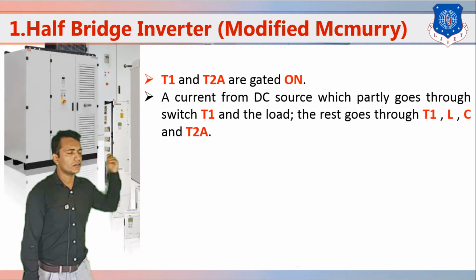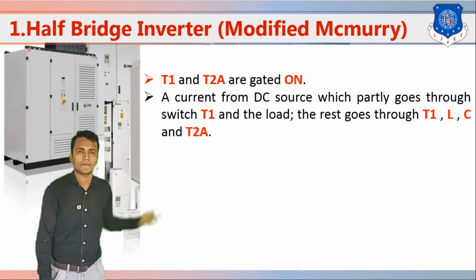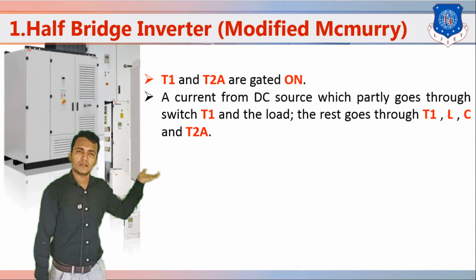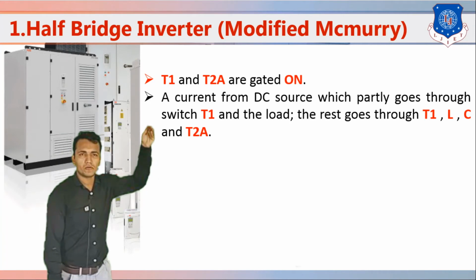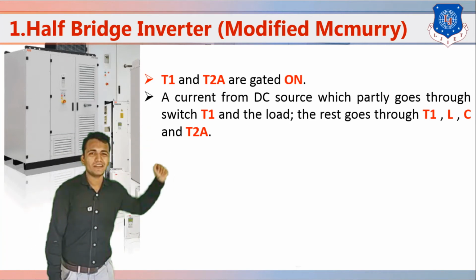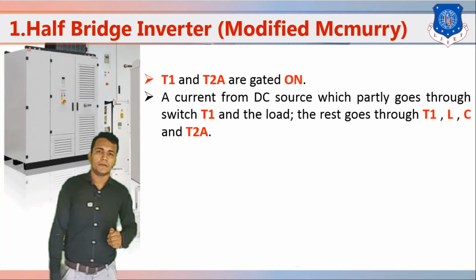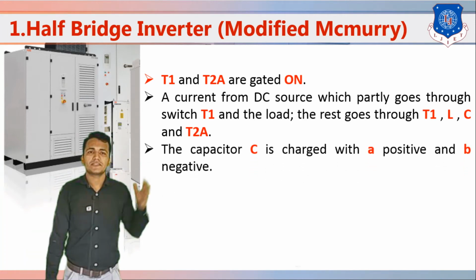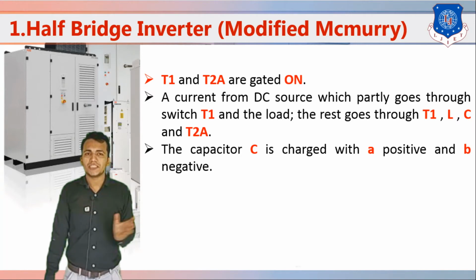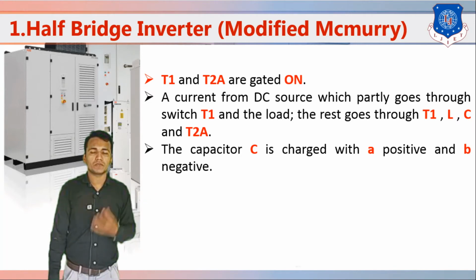So that is the explanation of how the current will flow. Then the capacitor C is charged with terminal A positive and B negative.